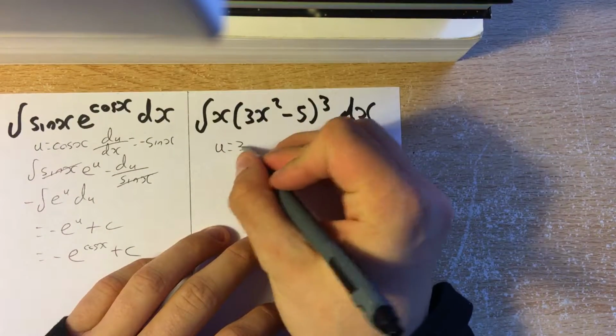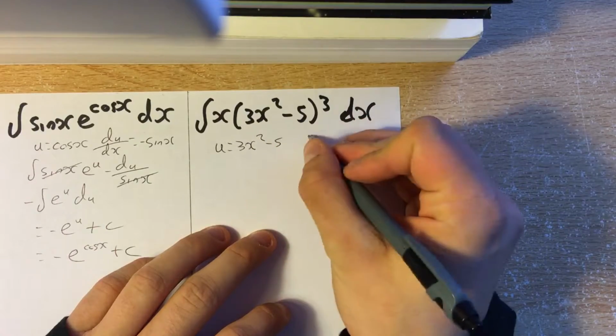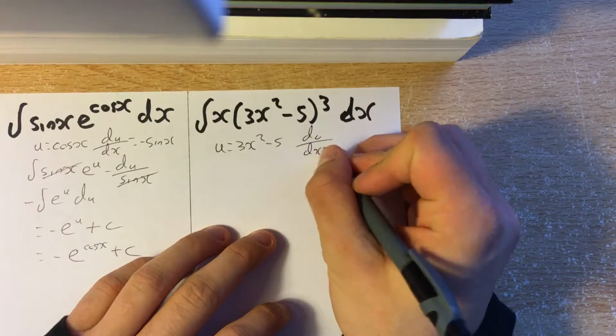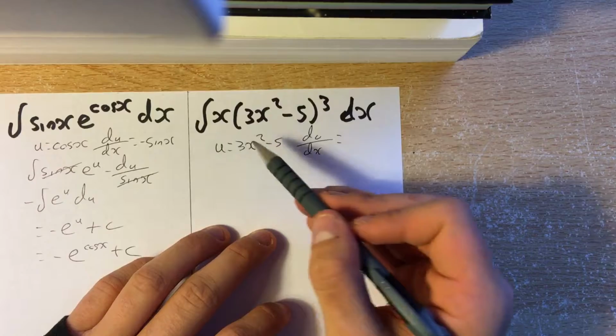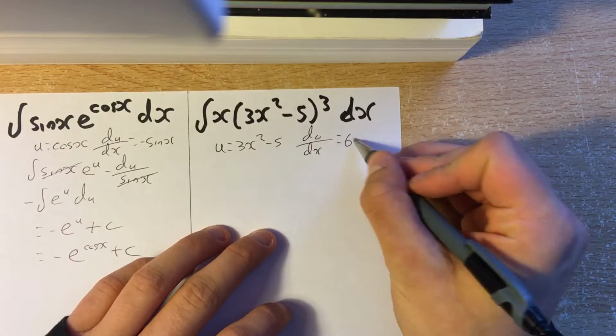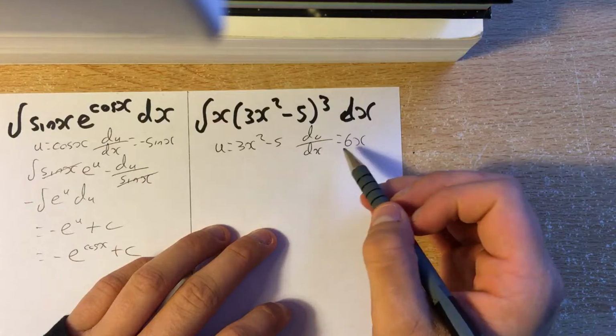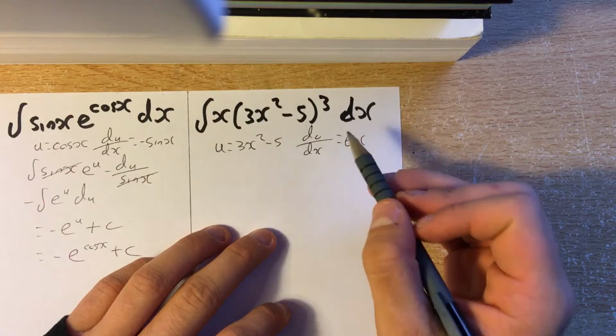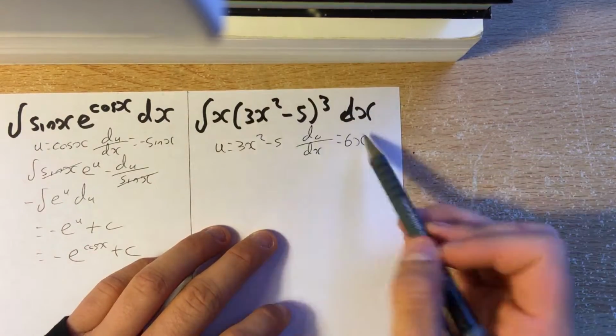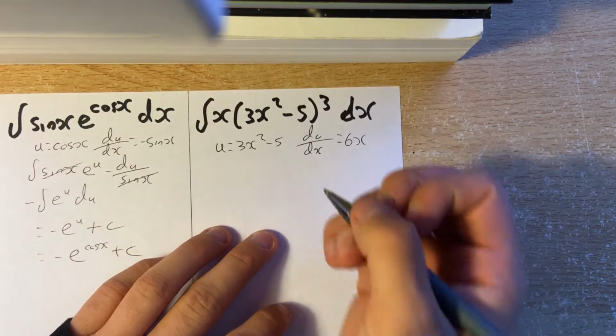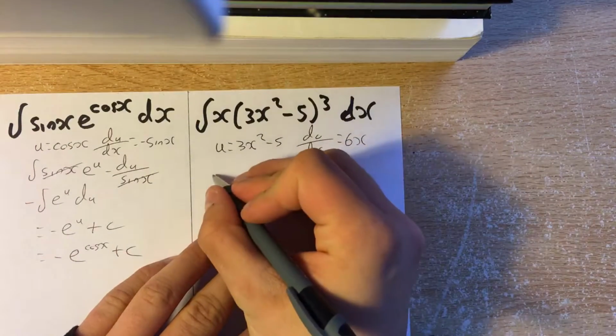So u equals 3x squared minus 5. The derivative of this, well, if we use the power rule, 2 times 3 is 6, x to the power of 2 minus 1 is just x, and then minus 5 is 0. So we have 6x as the derivative, and we have an x there and an x here, which means we'll be able to cancel, so we know this is the correct substitution.